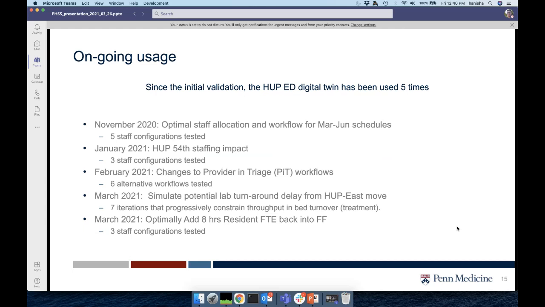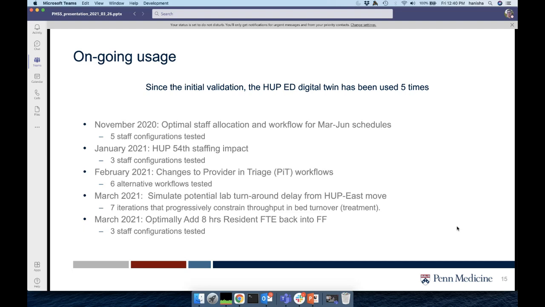And instead of having to make a decision blind about where's the best place to pull staff out of the HUP ED to send over to the Cedar ED, we used the digital twin to say, okay, of all of these options, which is the option that's going to hurt the least for the HUP ED and let us maintain our numbers as good as possible while getting people over to the Cedar ED so we can staff over there. So that's the second bullet point there, the HUP 54 staffing impact.